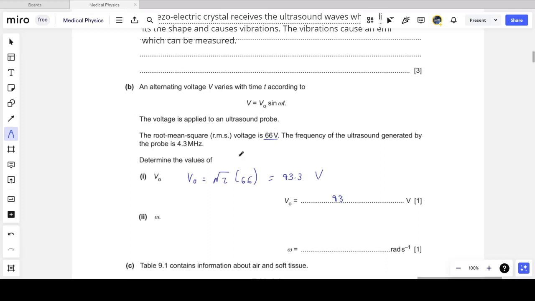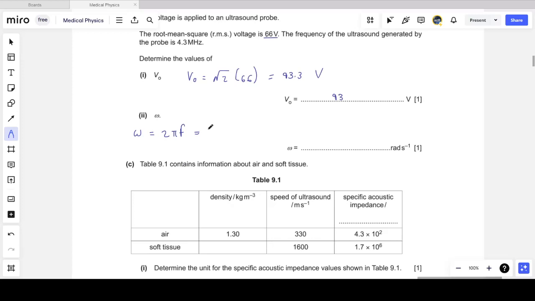We're then asked to find the angular frequency of this alternating voltage, and that's omega. Remember, omega is the angular frequency, and we know omega is 2 pi times the frequency. So this is 2 pi multiplied by the frequency, 4.3 megahertz, so that's 4.3 million, or 4.3 times 10 to the power 6 hertz.